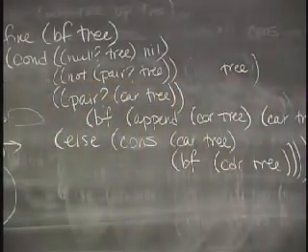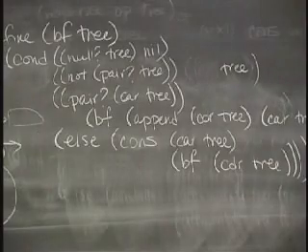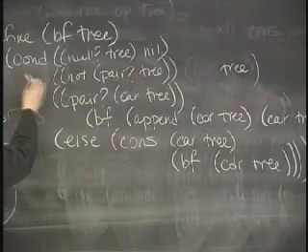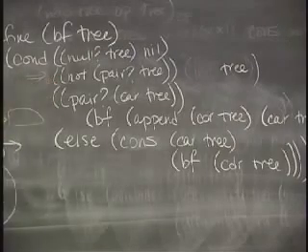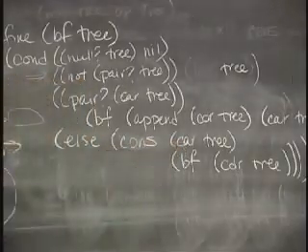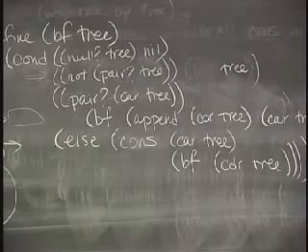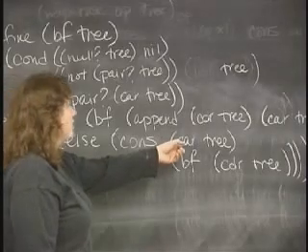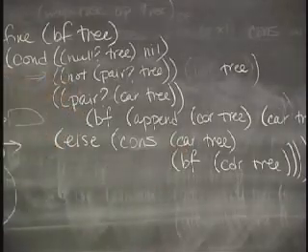Am I going to hit that not pair case very often at the top? Depends on what the tree looks like. But for the most part, right here is where we're taking care of those single elements. We're actually not recursing on the car of the tree. We're just consing it on here.